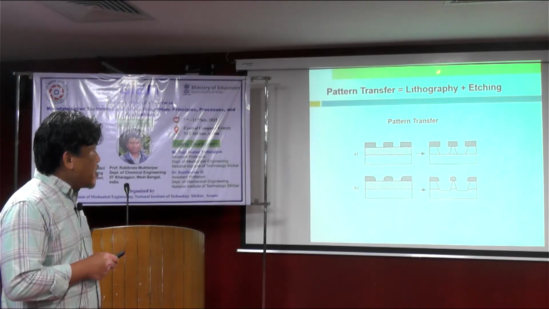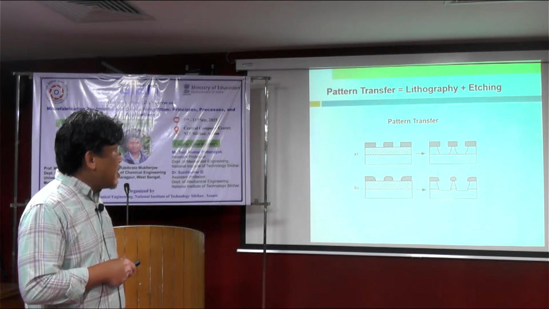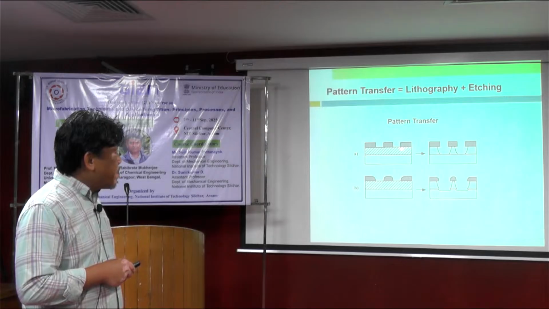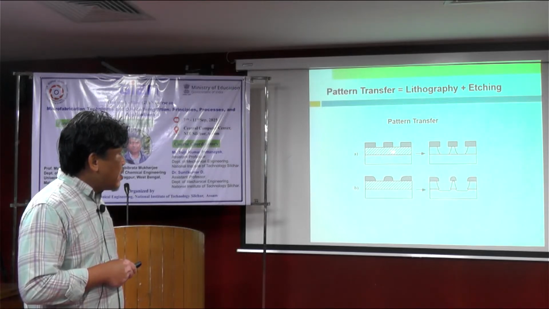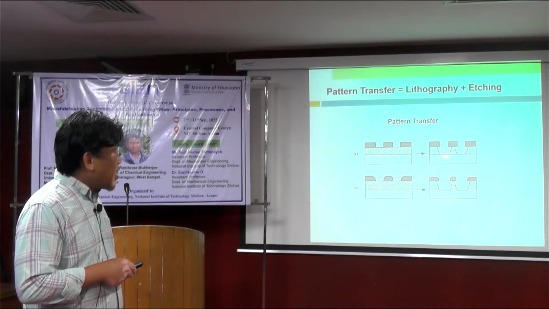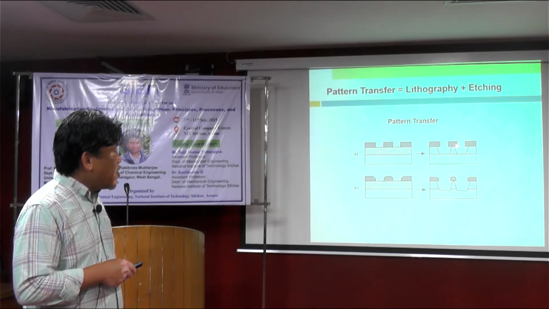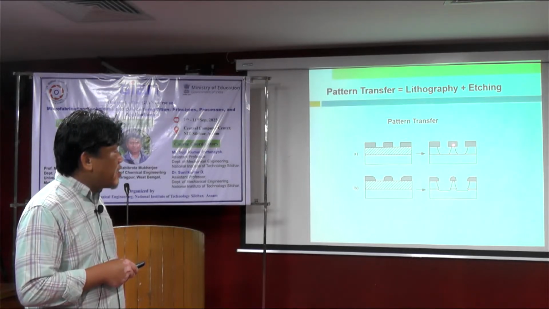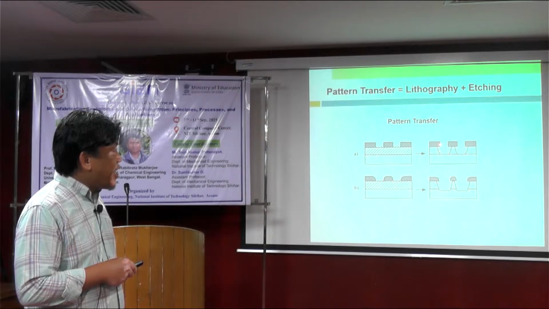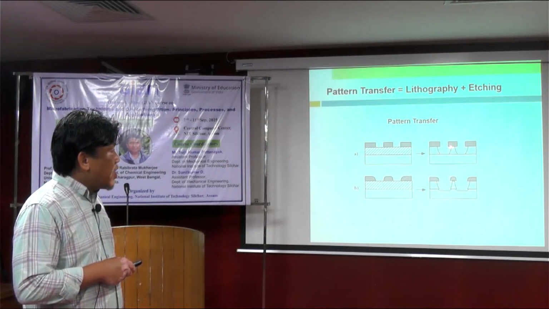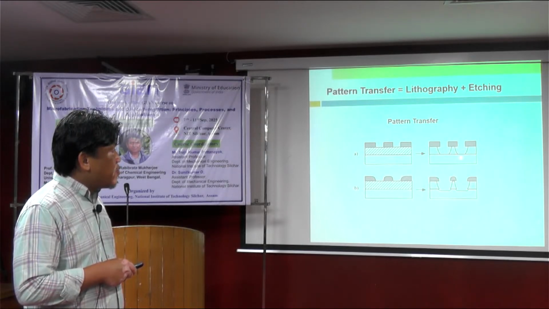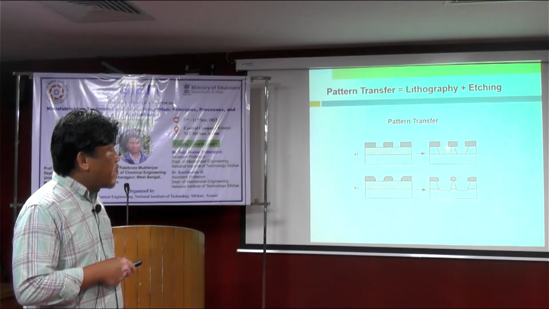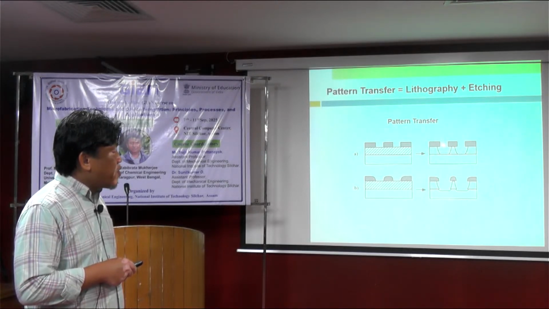So, pattern transfer: lithography plus etching. Normally we have lithography to form this kind of pattern. Then this is the undercut that we have shown before. You see that the intended size of the structure here is as this mask, but due to undercut of wet etching, for example, you have a smaller structure formed here, and the material has been removed because of the isotropic process.